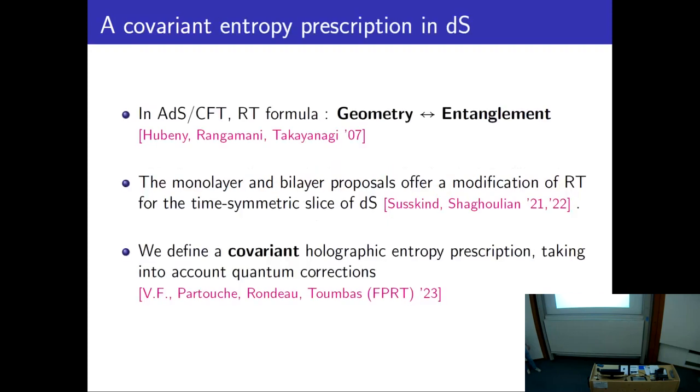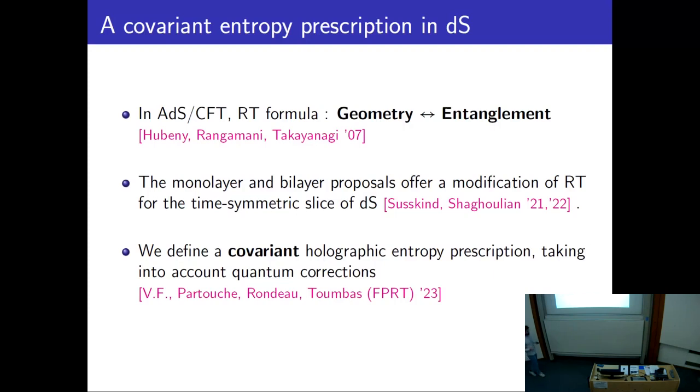So to answer this question, a very useful tool will be inspired by the Ryu-Takayanagi formula in AdS space, which basically relates the entanglement on the CFT side to purely geometric quantities on the bulk side. The problem of adapting this formula to static patch holography was tackled by Chandrasekaran, Shaghoulian and Susskind a few years ago, which led to the monolayer and bilayer proposals.